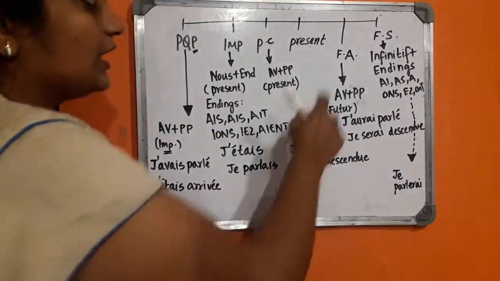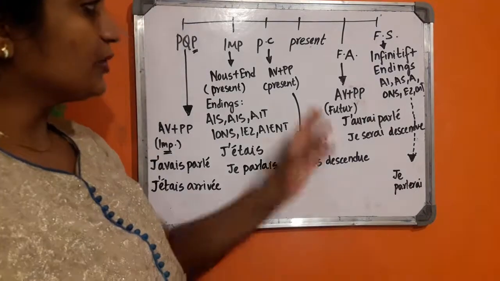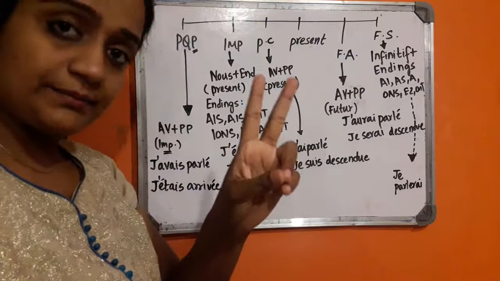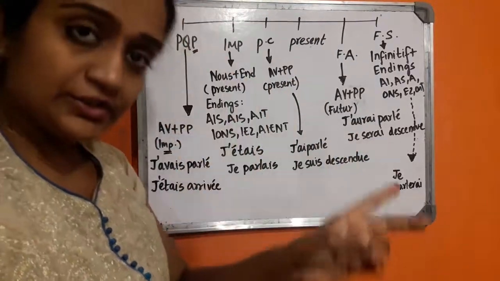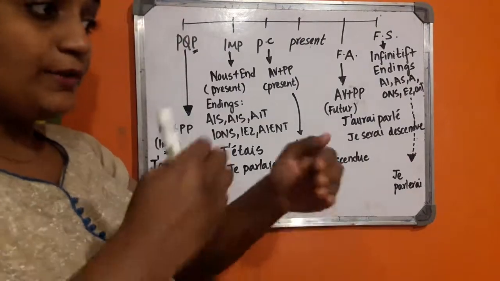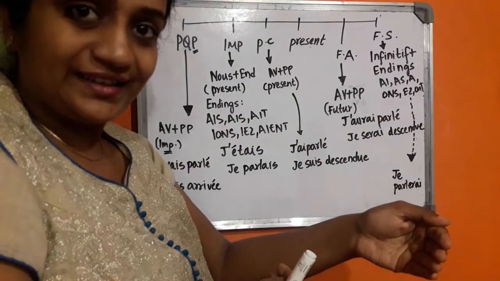For example, I will have booked my tickets before I travel to Bombay. Okay, so both actions are happening in the future, the travel to Bombay and booking tickets, right? But before I travel to Bombay, I will have definitely booked my tickets, right?